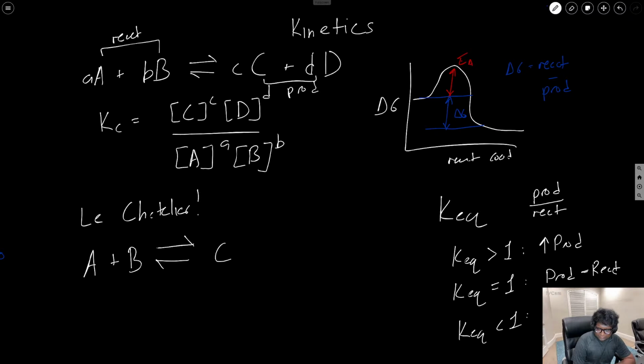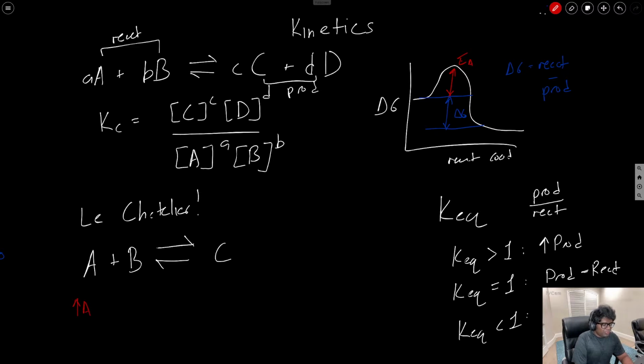So let's say C. If you add more of a reactant, so let's say there's more of A, if you increase A, you're adding more onto one side.